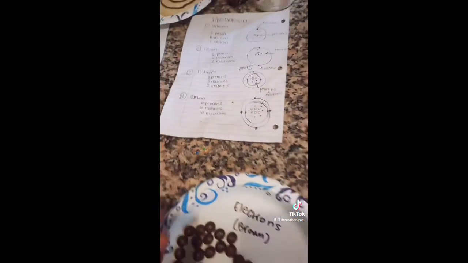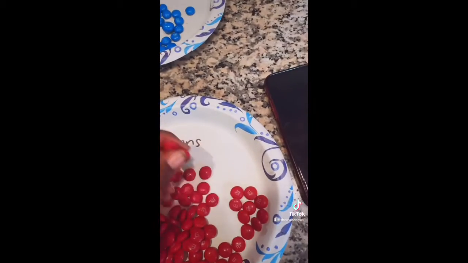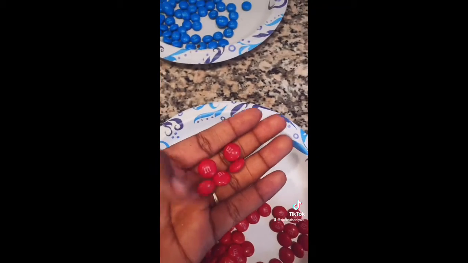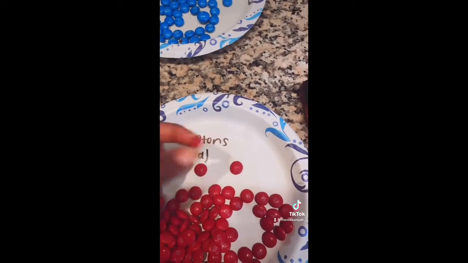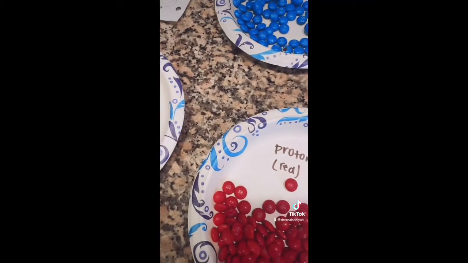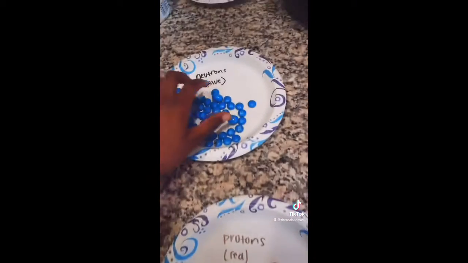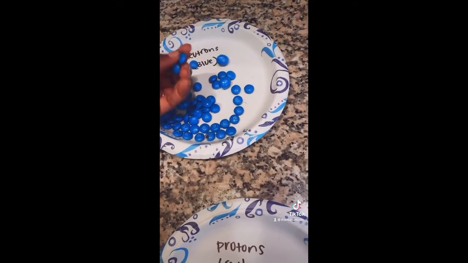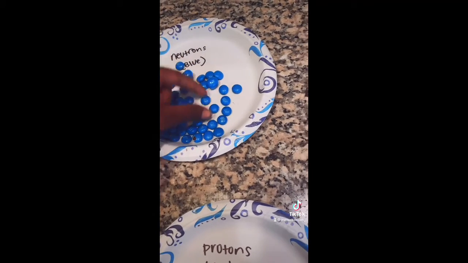Alright, next is carbon. Carbon has 6 protons, 6 neutrons, and 6 electrons. 3 protons, 3 neutrons. 6 neutrons, I'm sorry.